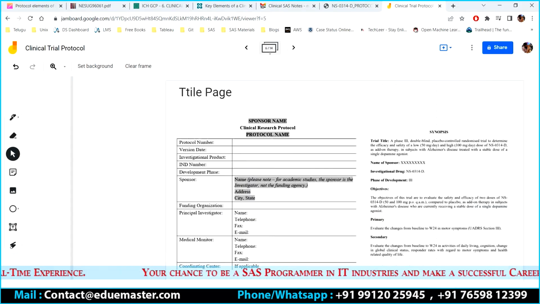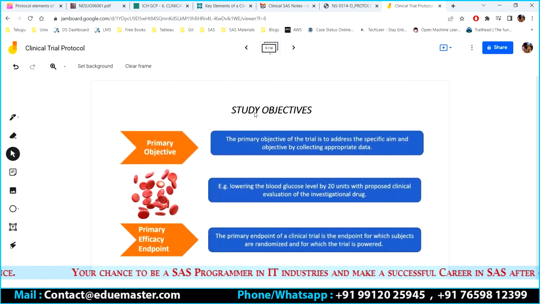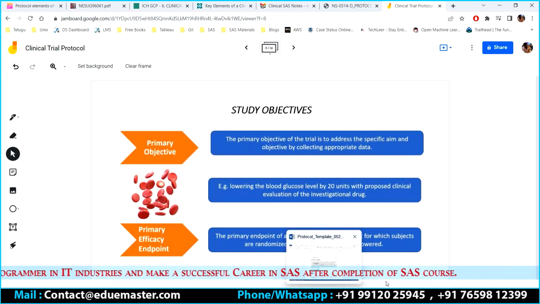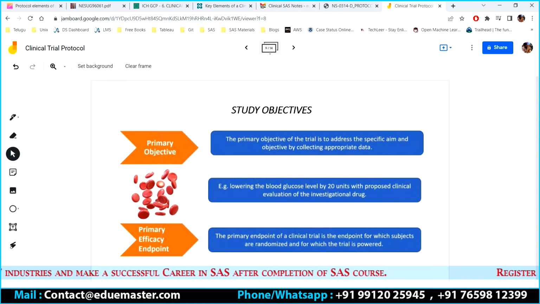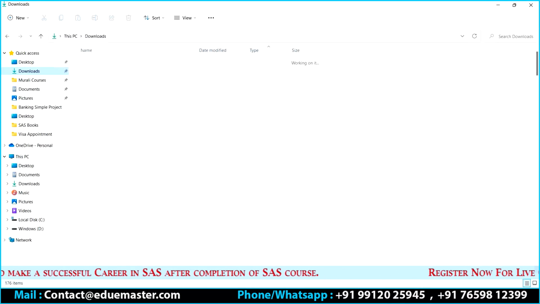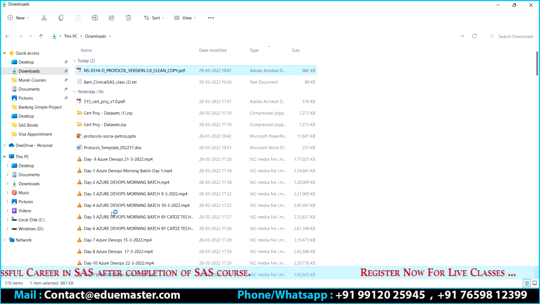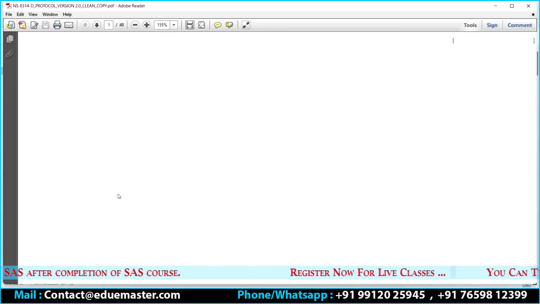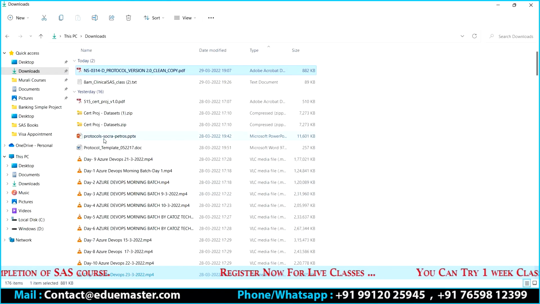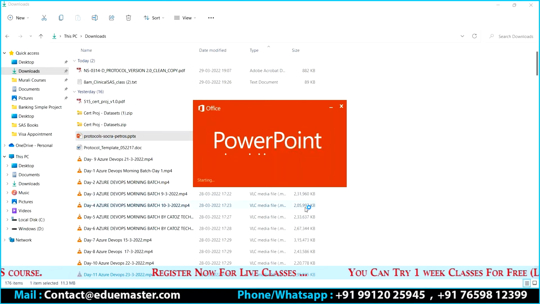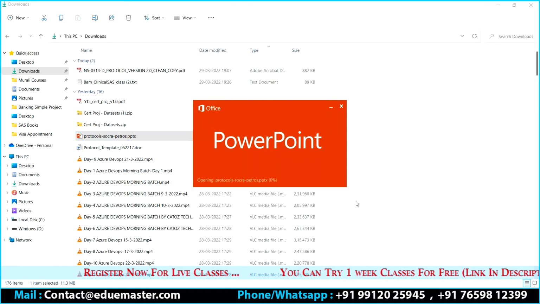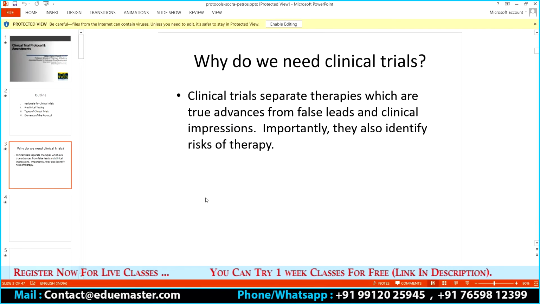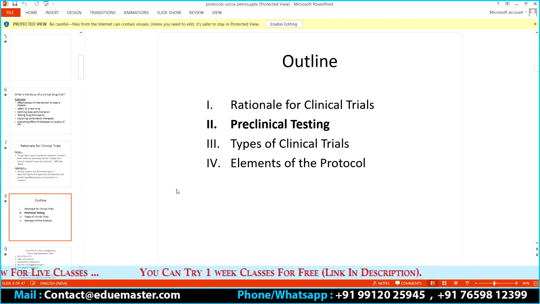So the next thing that I'm going to talk about is study objectives, because we also have the study objectives. Right? So to understand this better, parallelly, we also see this particular document. Let's say this is one of the protocols. I told you yesterday I'm going to give you some of the protocols. So this is one of the protocols.